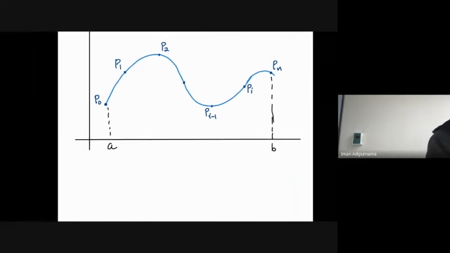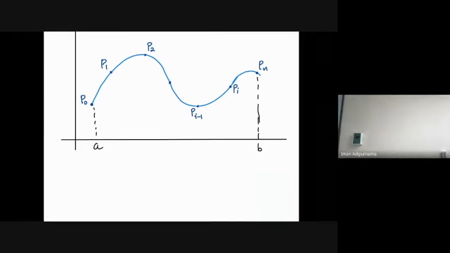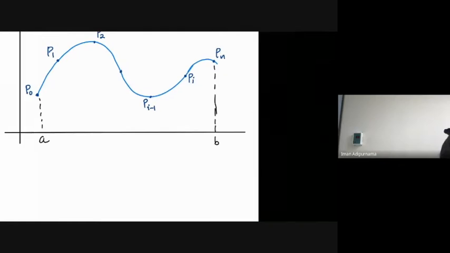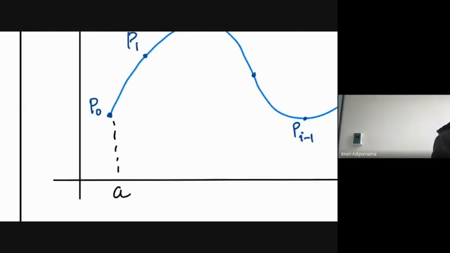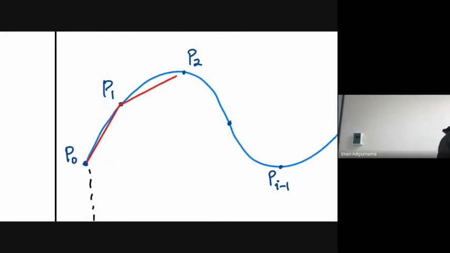Let's say this is our segment. So we have P0, P1 as one segment, P1, P2 as another segment, and so on. To make it smooth, let me erase this and give a little straight, because what I want to make now is a straight line. So from P0 to P1, a straight line, and another straight line.